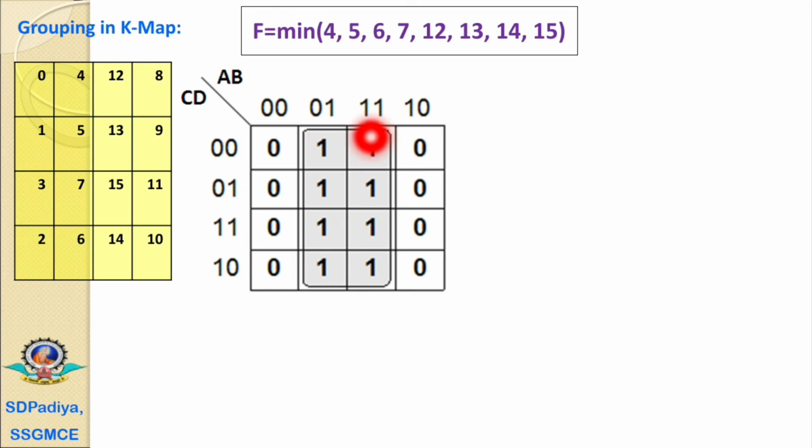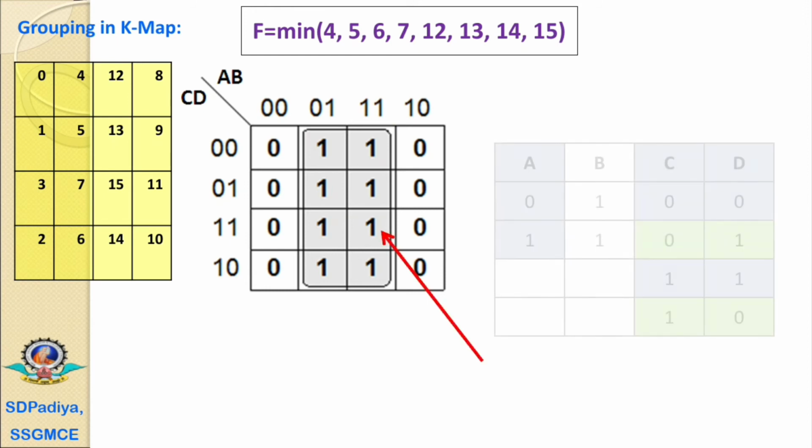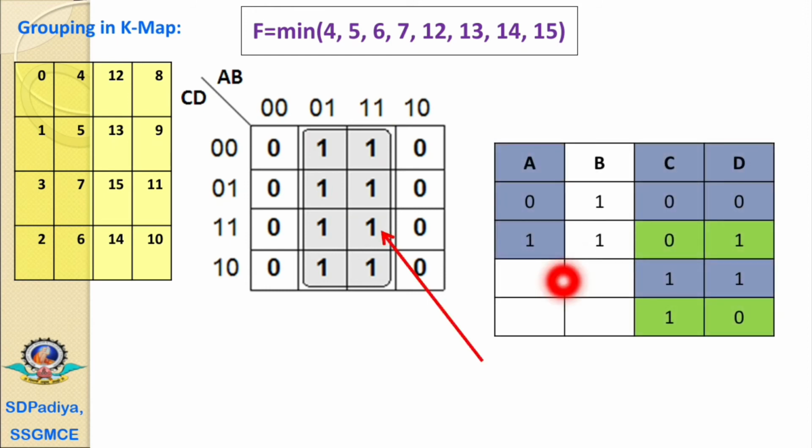Now we'll check as per our method. If we design this table, it belongs to 2 columns, 0 1 and 1 1. Therefore we have written that, and at the row side it belongs to 4 rows, that is 0 0, 0 1, 1 1 and 1 0.